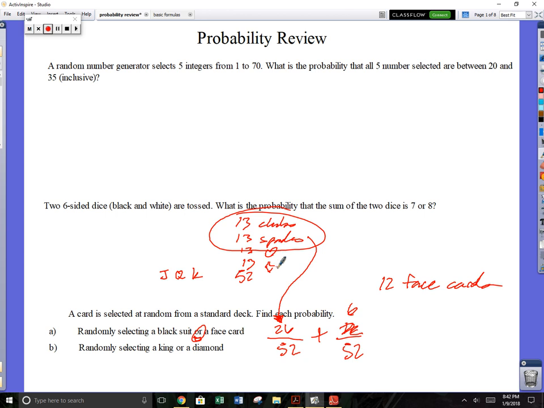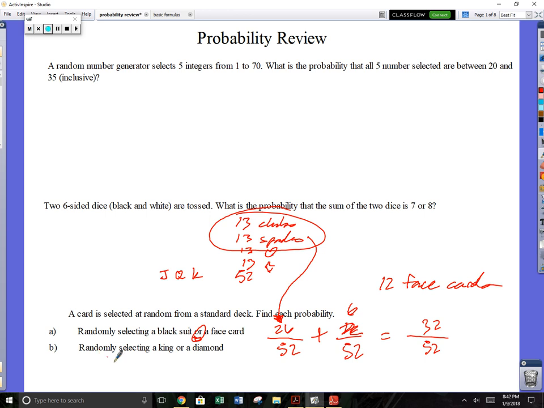Then there are the 6 red ones, 3 of the hearts and 3 of the diamonds. So 26 plus 6, 32 out of 52. And I doubt very much that they'd mark you wrong if you don't simplify your fractions. 32 out of 52, you can simplify or express it as a decimal, and I bet you got it right.